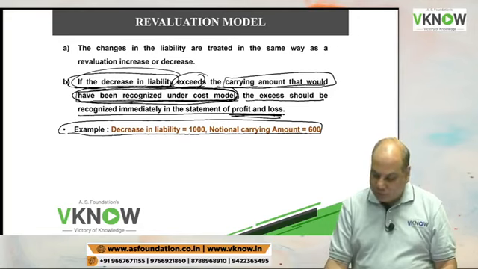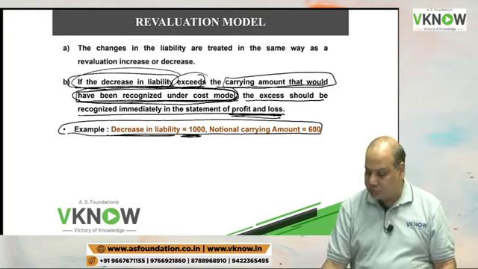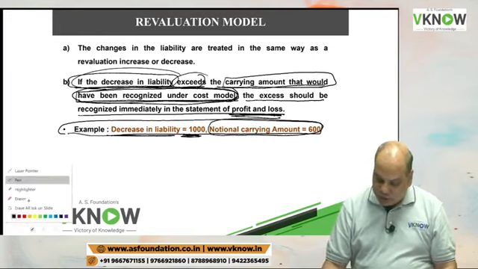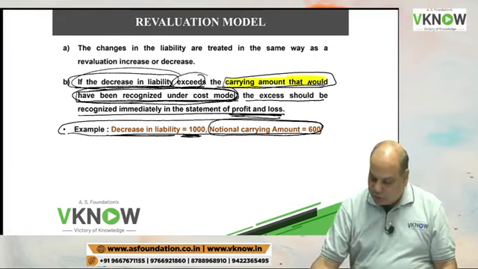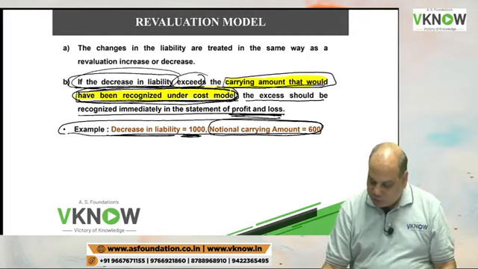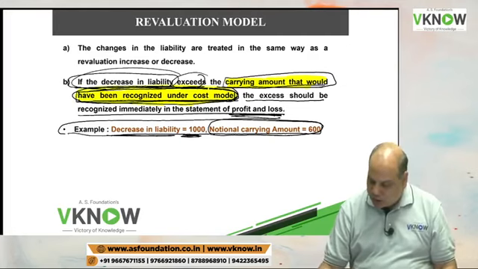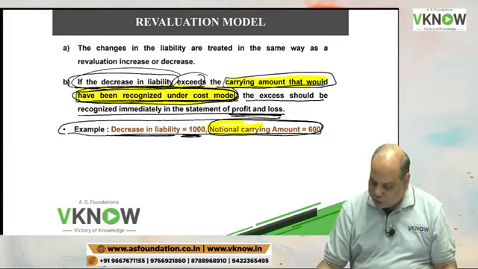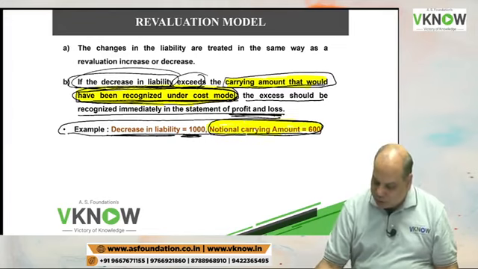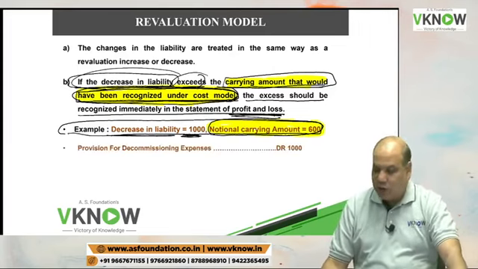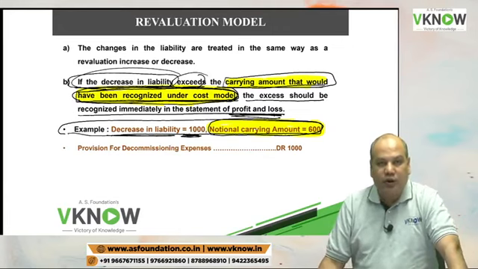Example: decrease in liability is 1000, and the notional carrying amount, meaning the carrying amount under the cost model, would have been 600 rupees. Then 400 rupees excess will be transferred to the P&L account.